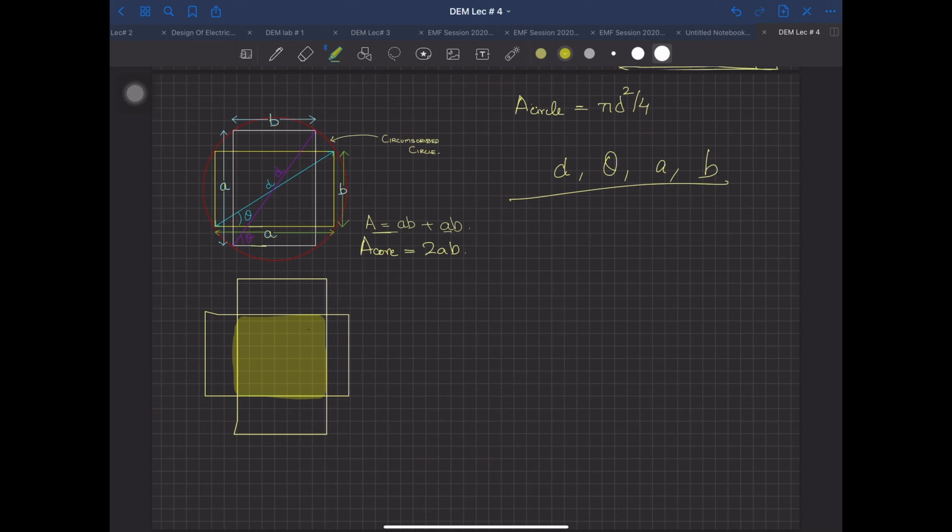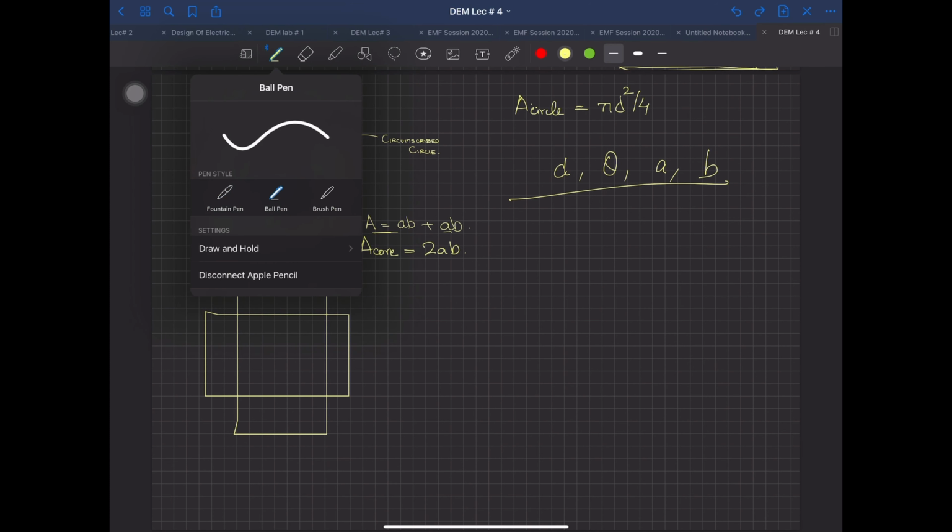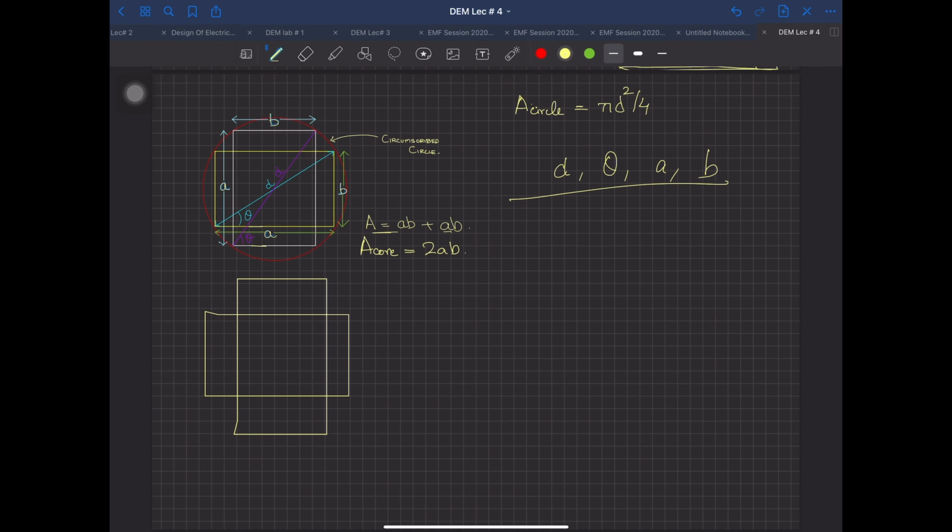This is overlapping. So the total core area would, come on yaar, come on, this is minus B square minus B square. Got it?